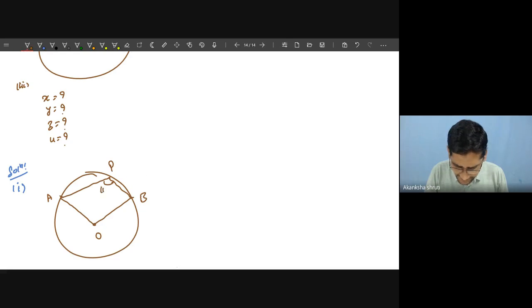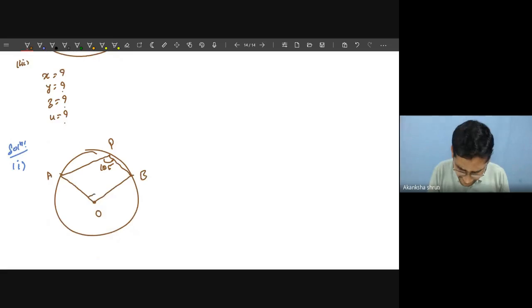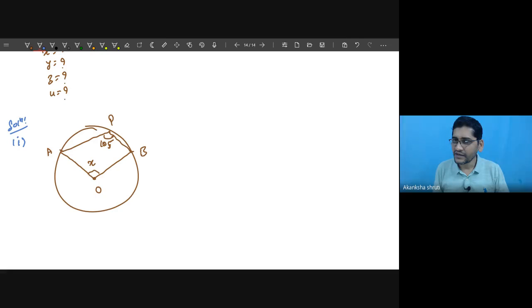Angle P is given as 105 degrees. Then we need to find this X. Students, I had told you, for the angle, you need to observe the angle in the same direction. So what will the value of X be? How can that be determined? Students, if you come out of this, you get that the angle at P is over the arc AB.